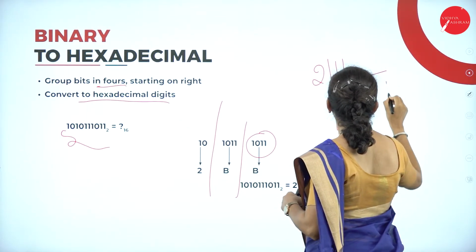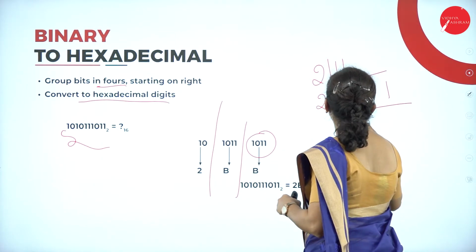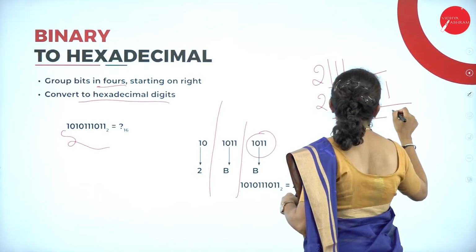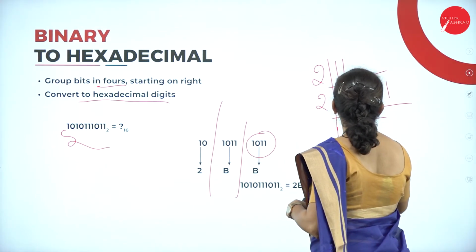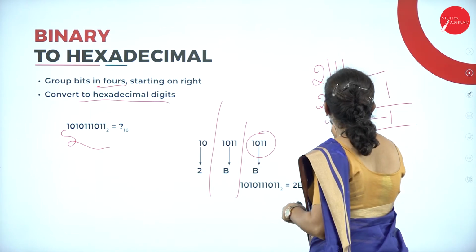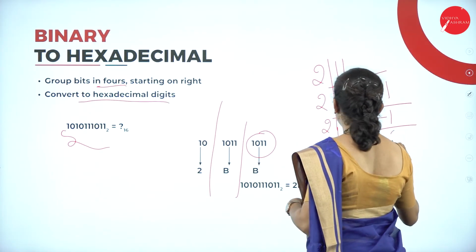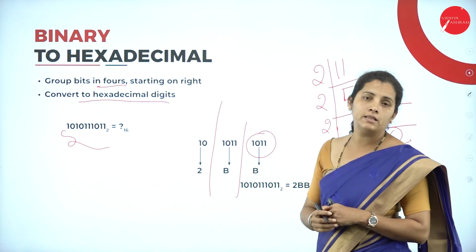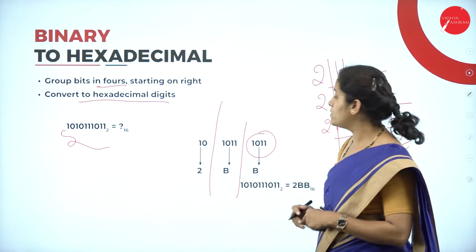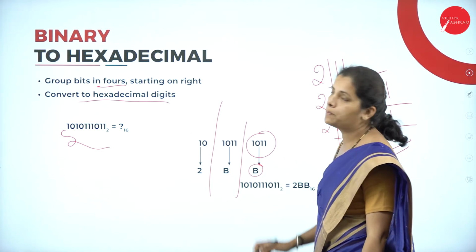Then what is the remainder? 1. Then 2 2s are, it is 4. 1 is remainder. Then 2 1s are 2 and 0 is remainder. So this is the actual number, that is 1011. So in hexadecimal it is B.